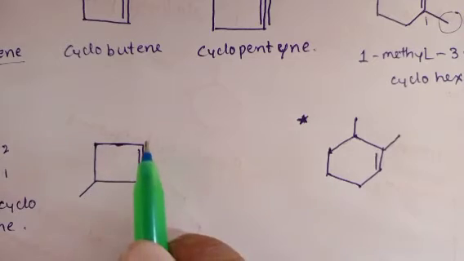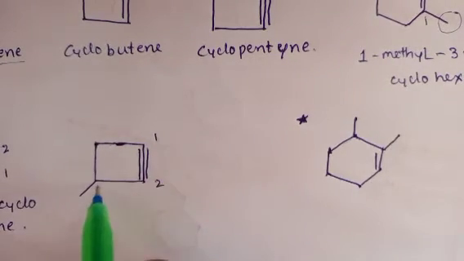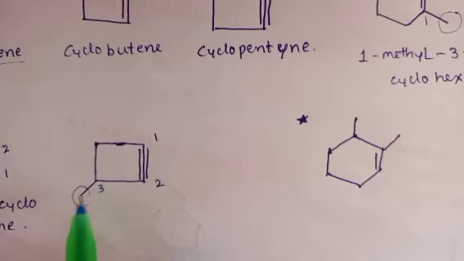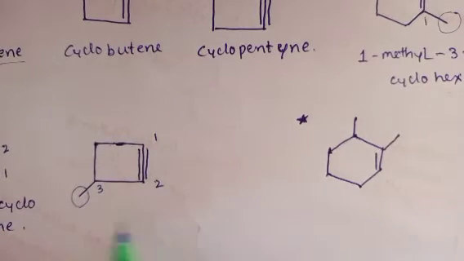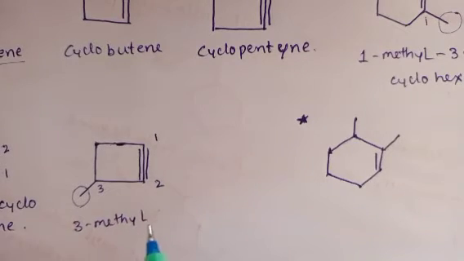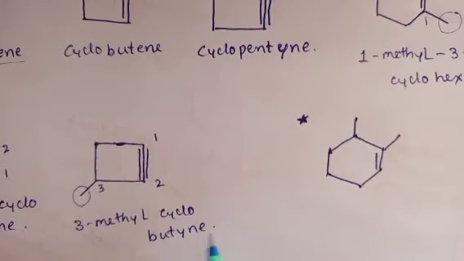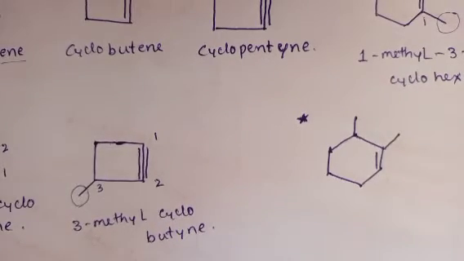One chance, second chance. 1, 2, 3. So this is the correct one. At third position, the substitution is present. So 3 methyl cyclobutyne. Okay, completed. Next one.